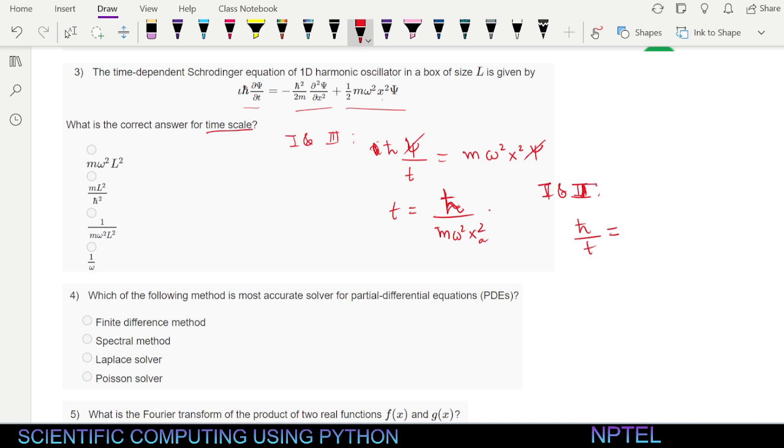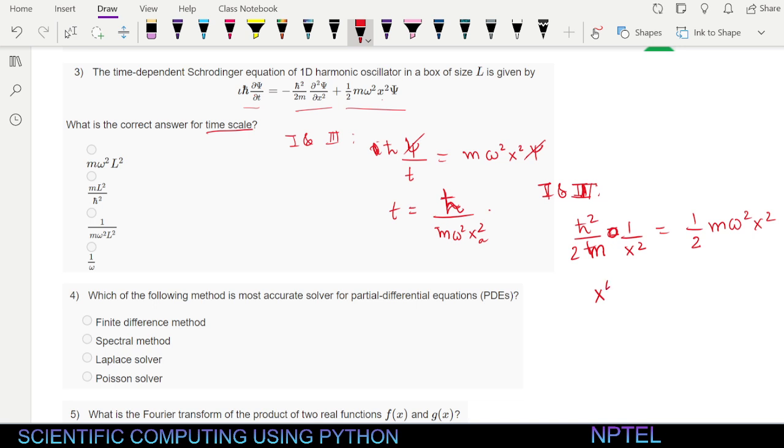Comparing 2 and 3, we get h square divided by 2m times 1 by x square is equal to 1 by 2 m omega square x square. Is this correct? Yes.